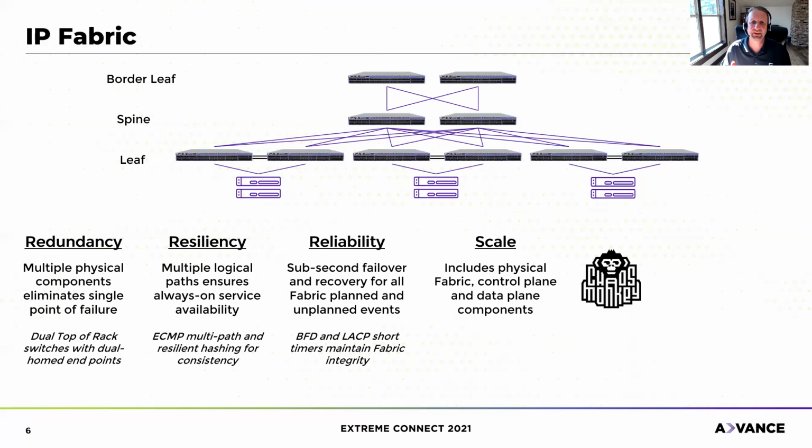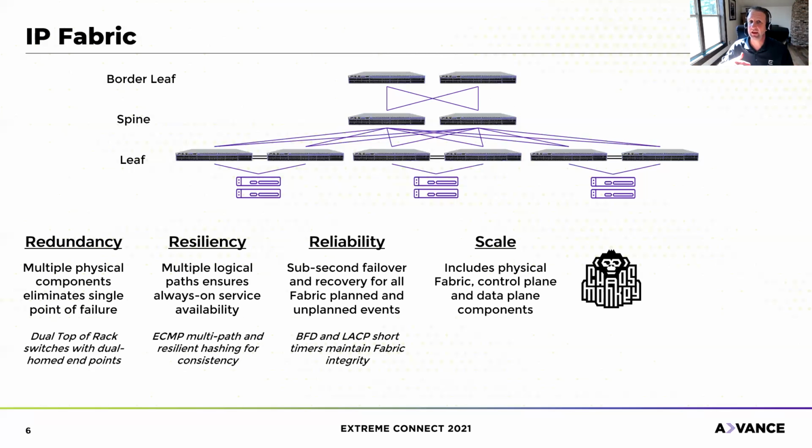This is really one of the things that takes it to a level that we feel makes it carrier grade. Simple testing that everyone else in the world does, basic testing: if I pull a link, I put a link back, I power off a switch, I power on a switch. All of those things are normally tested.